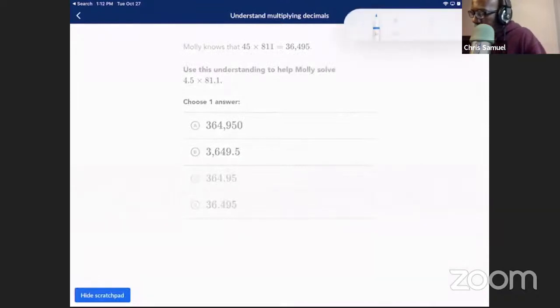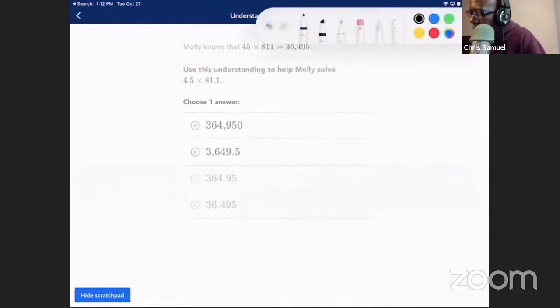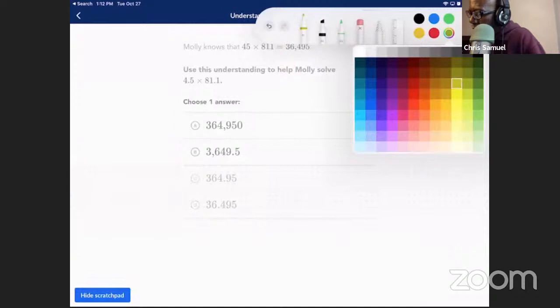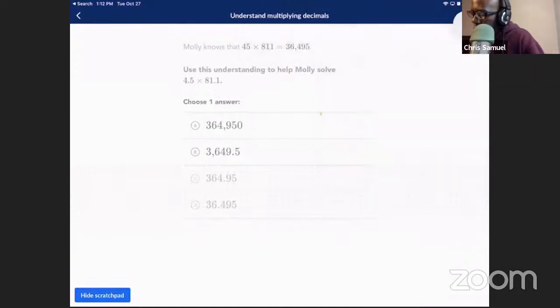So moving on to the next one. Let's go ahead and add this. Okay. It says Molly knows that 45 times 811 is 36.95. But now you want to understand how to solve 4.5 by 81.